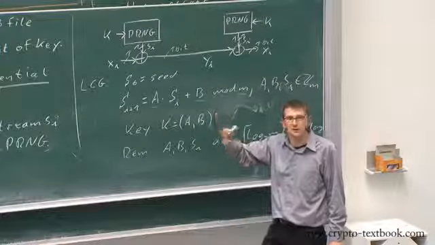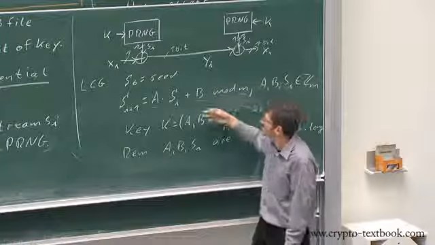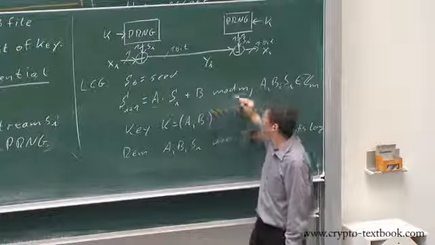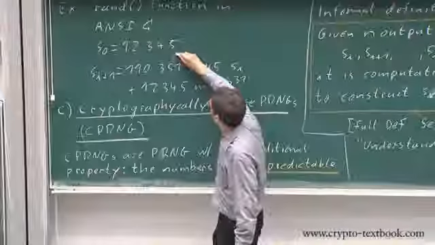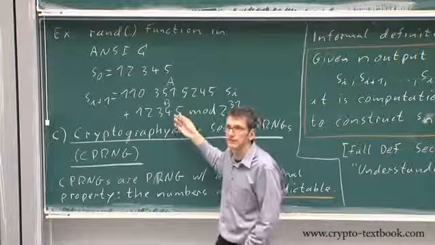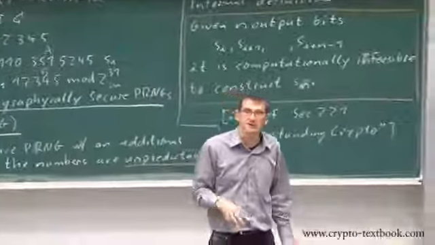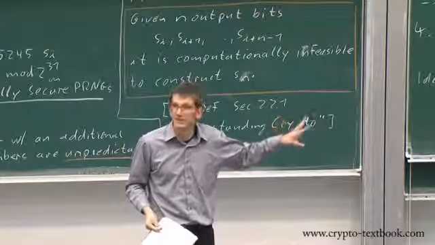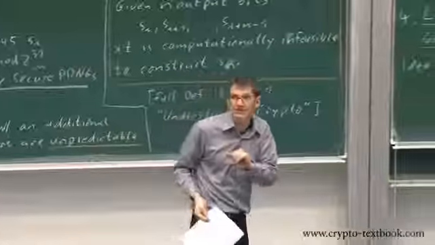You look on Wikipedia, or in a good algorithm book, Knuth's book on algorithms, and you will find good values for A, B, and m. I can give you one set here: this is A, this is B, this is m. You get a really nice sequence out, with very nice statistical properties, but cryptographically really bad. It takes 2 minutes to show you that this is really bad. How can we break that?